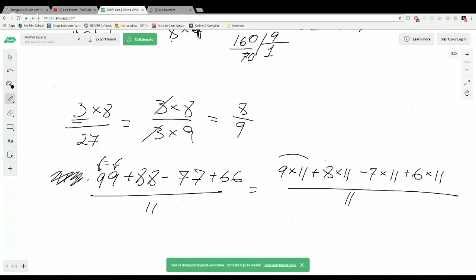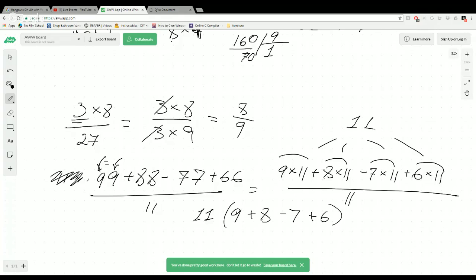Now notice each one of these groups has 11 in common, right? They all have 11 in common. We can take it out. So if you factor out the 11, what are you left with in the numerator? 9 from the first group, 8 from the second group, negative 7, notice not positive, negative 7 from the third group, positive 6 from the fourth group. And now, this right here is a product, right?